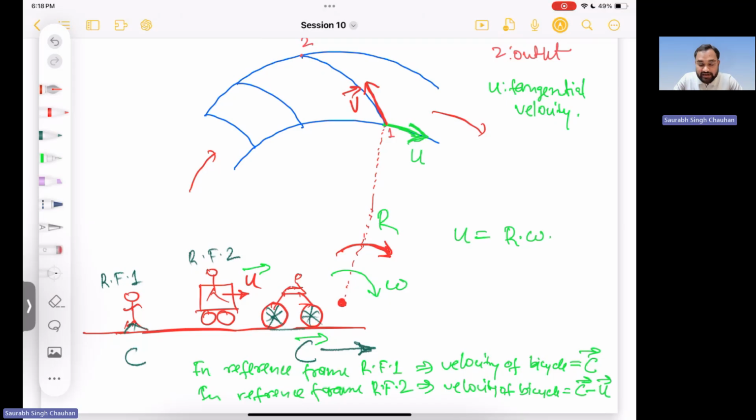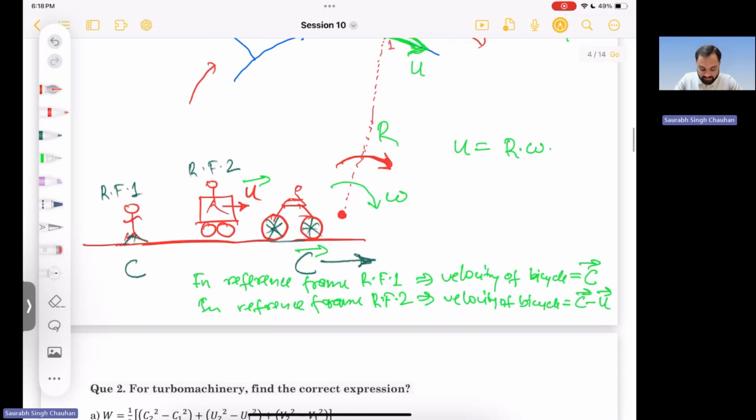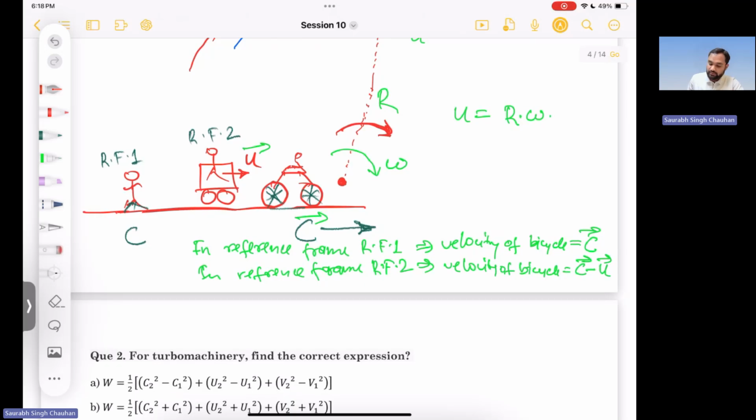But the person standing on earth will observe the absolute velocity. If you want to write the relation between absolute velocity and relative velocity, the absolute velocity is equal to the relative velocity plus the velocity of this reference frame.